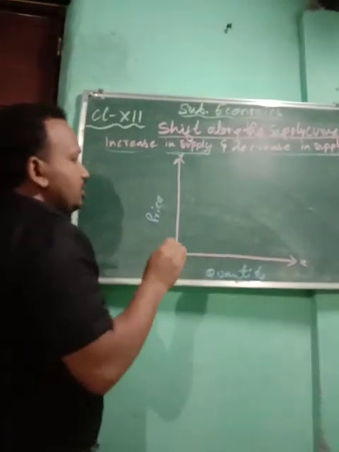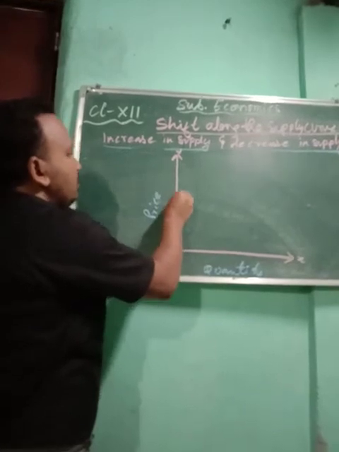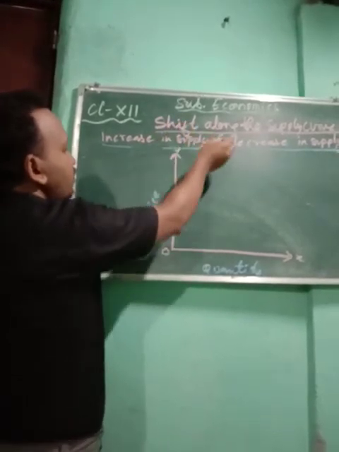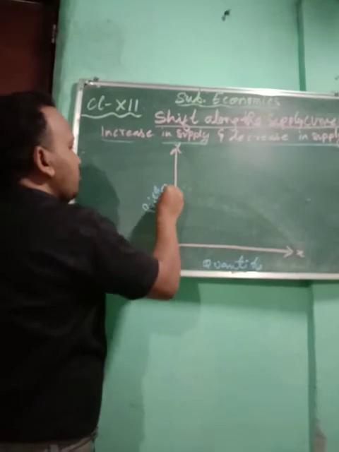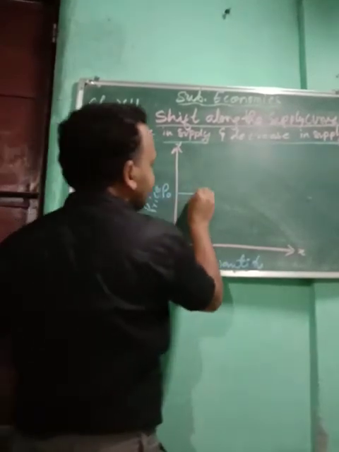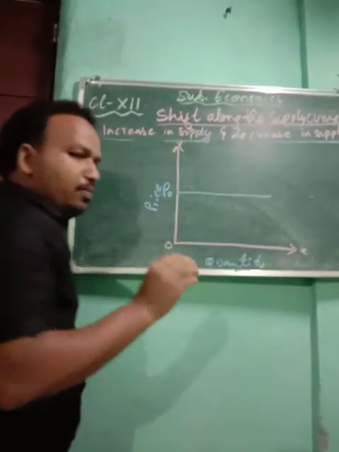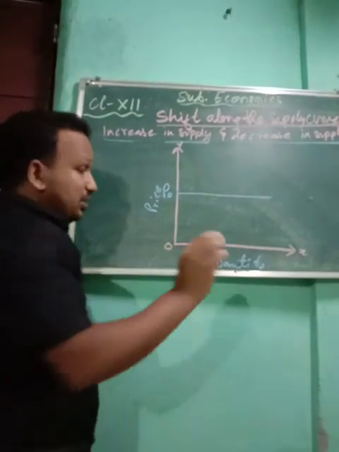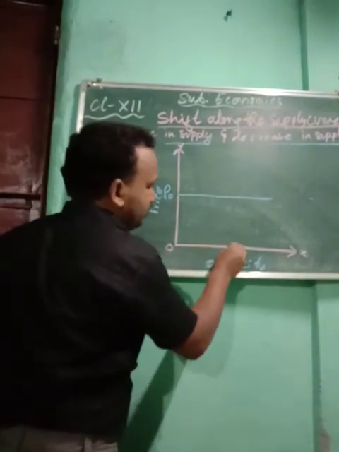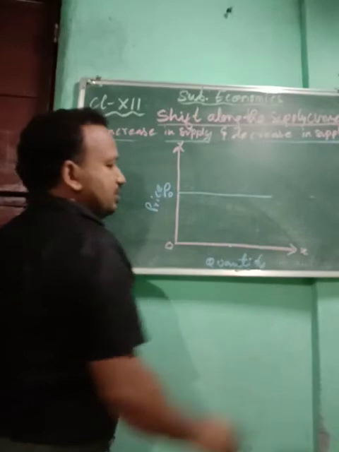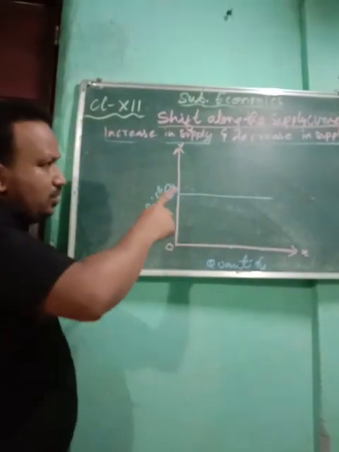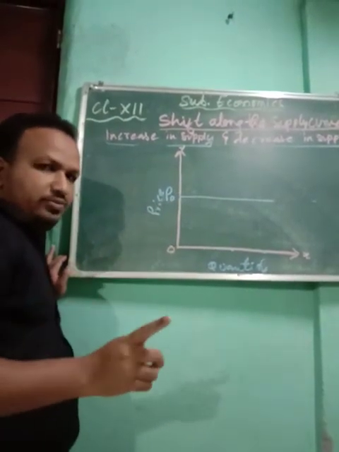Okay, so here in supply also, that is in supply we are doing shift, so here always price will remain fixed. So as you are going to show combined increase and decrease, so you have to show three quantities, 1, 2, 3, and just now we have done it in the movement also in supply.